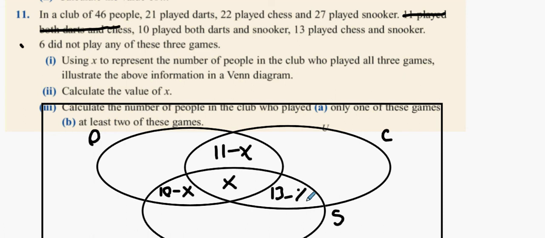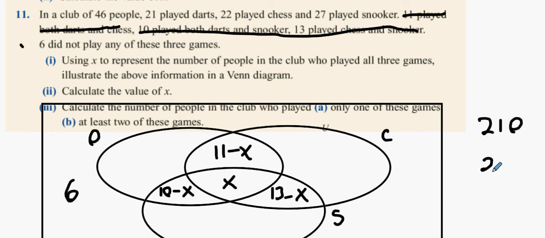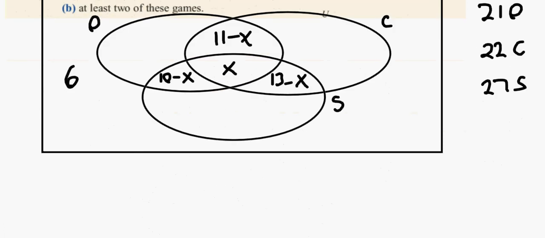Okay, and we're done. So I've used 6 on the outside. Now what I have to do is 21 for darts, 22 for chess, and 27 for snooker. Okay, so here comes the awkward part again. So I get my 21 people for darts, and what do I need to do?